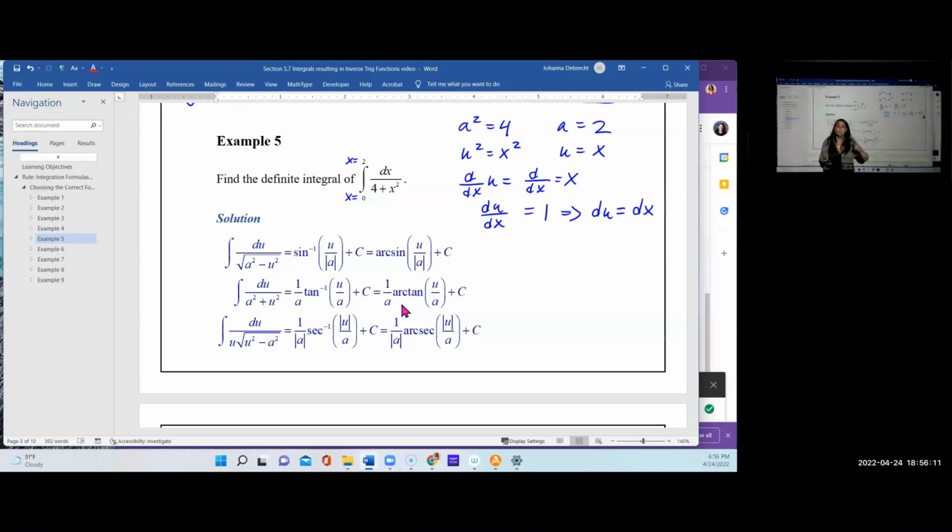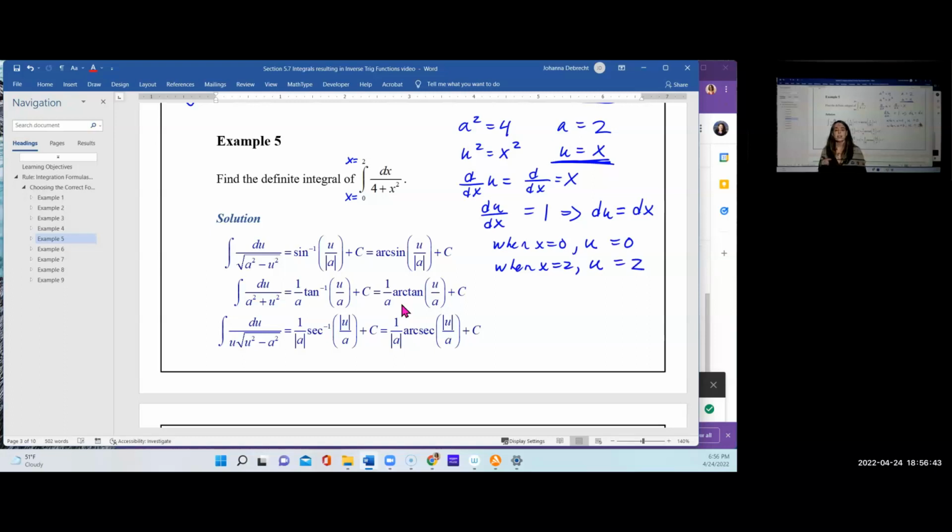We need something to replace the limits of integration x equals 0 and x equal 2. This is going to be a faster way of doing it than back substituting. So we're going to find that when x is equal to 0, u, which is x, is also equal to 0. And when x is equal to 2, u, which again is equal to x, is also 2.